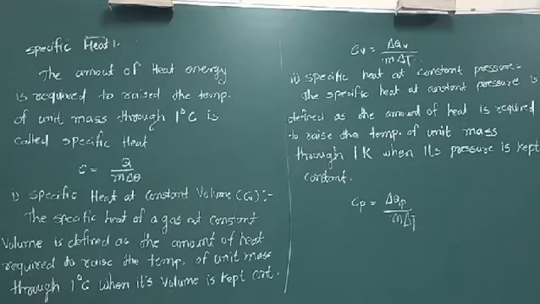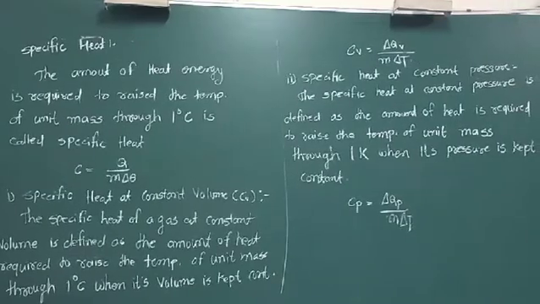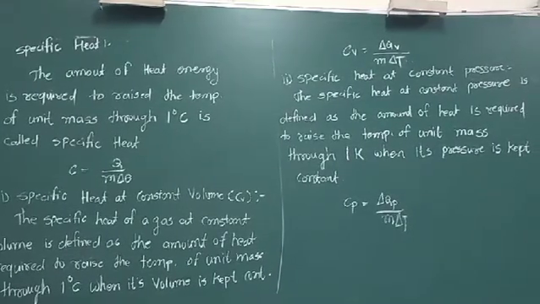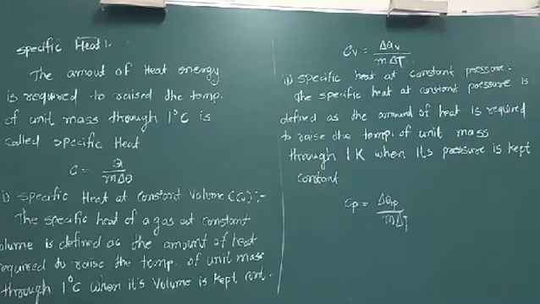And what is meant by specific heat at a constant pressure? It is defined as the amount of heat required to raise the temperature of unit mass through 1 Kelvin when its pressure is kept constant.